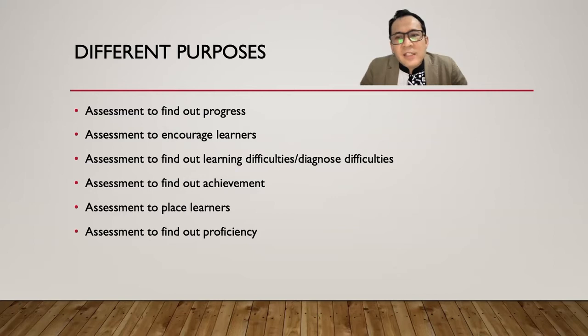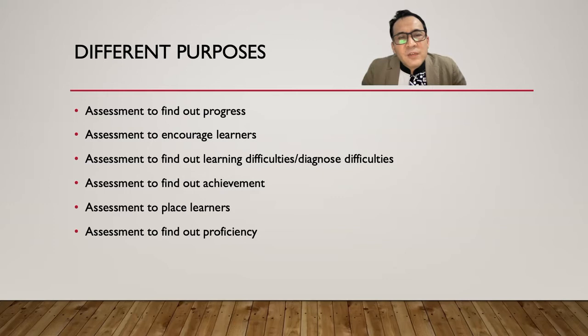It is to see whether your students can reach the goals, and you try to encourage them. During the teaching and learning process, the teacher should make sure that the students are on task or not. If they are not on task, then you can encourage the students by having such kind of information.